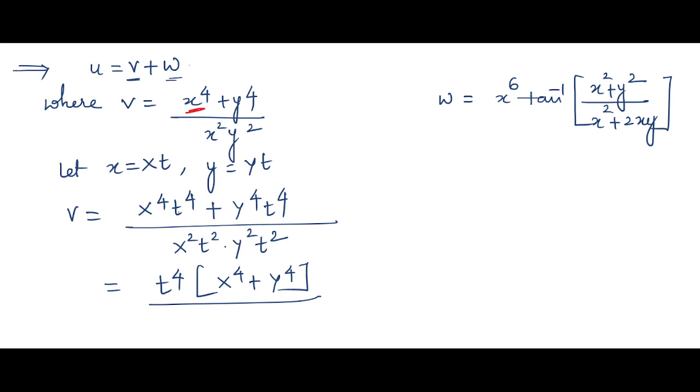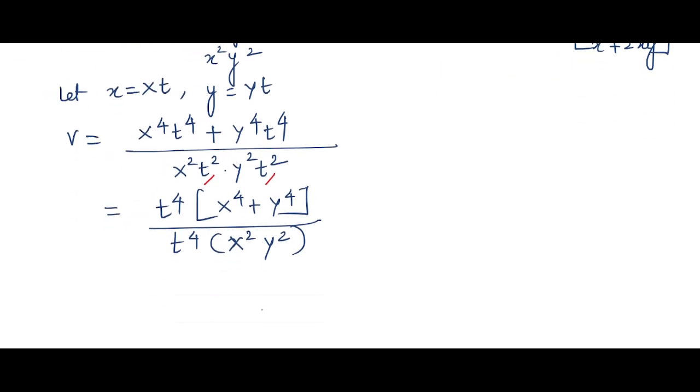From the denominator, t square and t square give t raised to 4, into X square Y square. So t raised to 4 gets cancelled from the numerator and denominator, and we get (X raised to 4 plus Y raised to 4) upon X square into Y square.